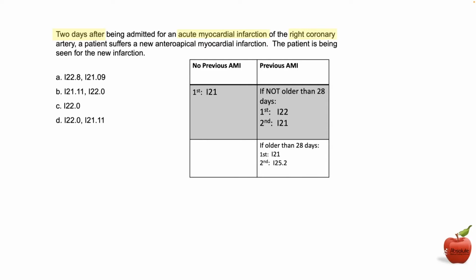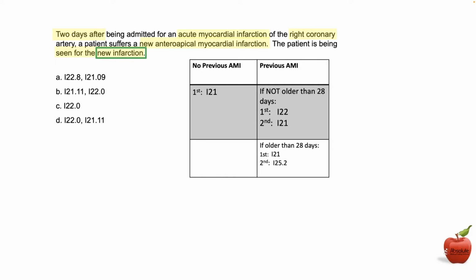That's important. But today, the patient's here for that new anteroapical myocardial infarction, right? And we always have to remember, what is the RFE? Always tell yourself, what is the RFE? And the RFE is always going to be the new infarction.